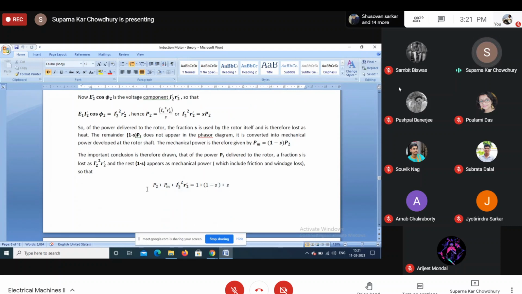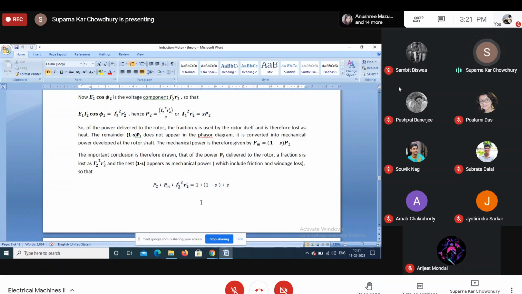So it has a typical relationship: P2, the air gap power or secondary input power, is to the mechanical power developed is to the rotor copper loss per phase, because if we have 3 phases, it will multiply by 3. All quantities are per phase quantities. It is equal to 1 is to (1 minus S) is to S. Now these 3 powers should be in this ratio.